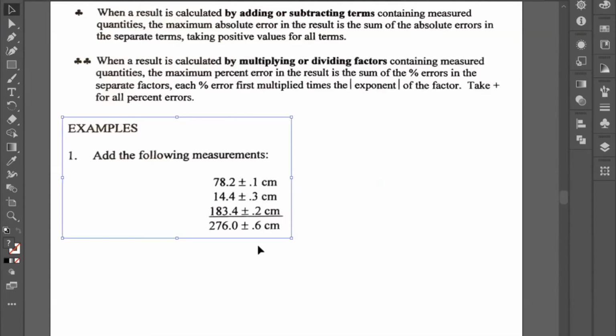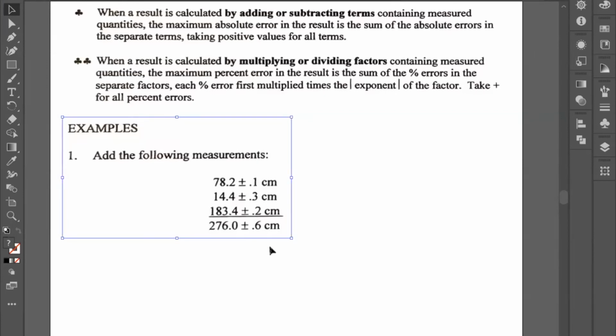Before, we would just say that these all had uncertainty in the last digit, and you would say plus or minus 0.1. That's an underestimate. It's actually 0.6 because these all have their own errors that are bigger than that.